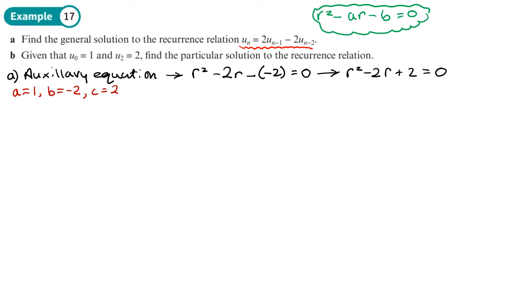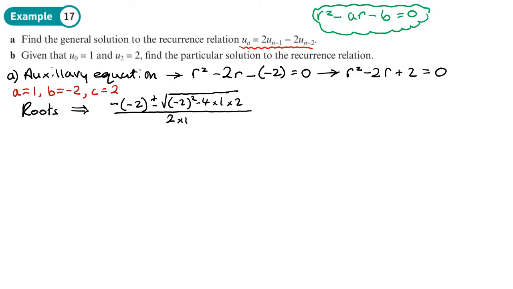Right, so what do we get for our roots? Let's see. Minus b, so minus negative 2, plus or minus the square root of b squared, so negative 2 squared, minus 4 times a times c, all over 2a, so 2 times 1. Now what do we get from this? We'll have 2 plus or minus, and in the brackets here we have 4 minus 8, so it's going to be negative 4, so the square root of negative 4, all over 2.